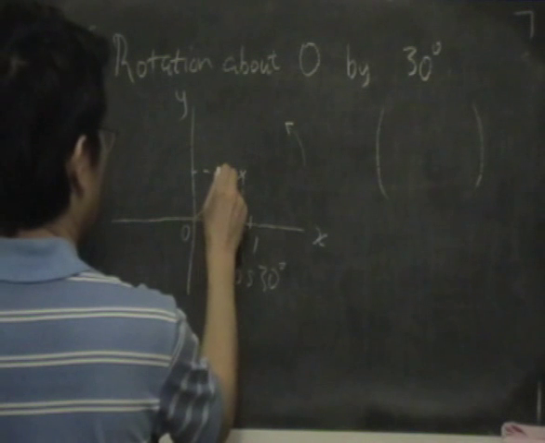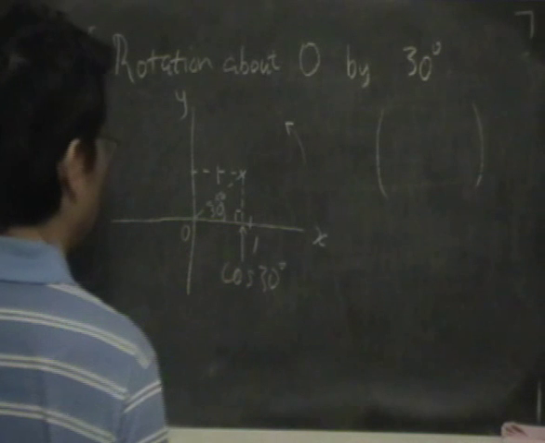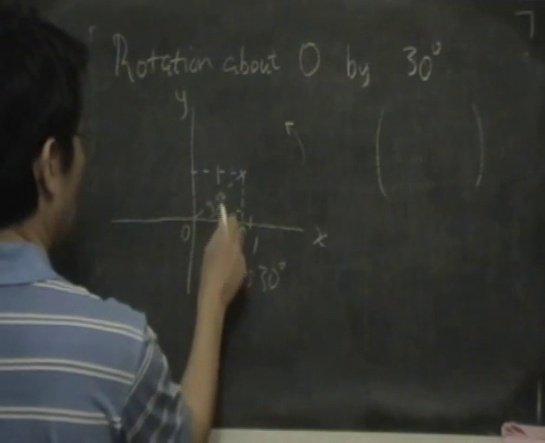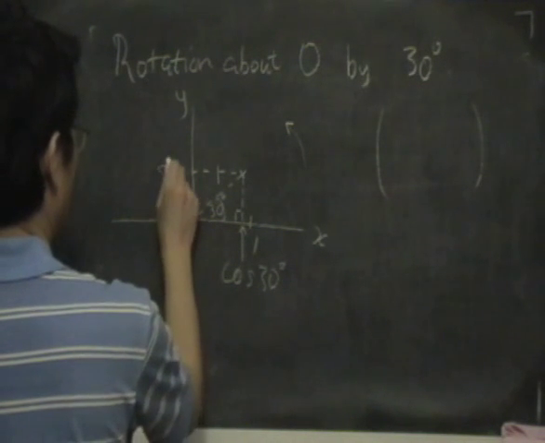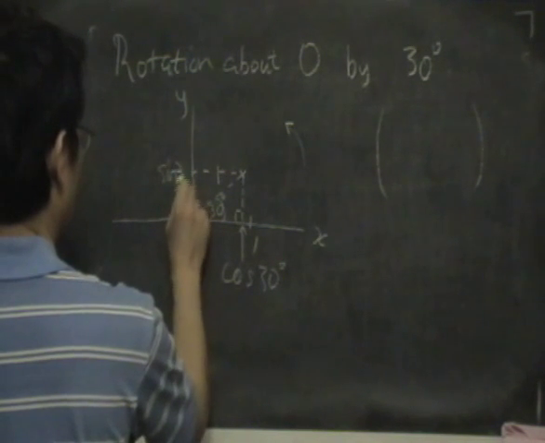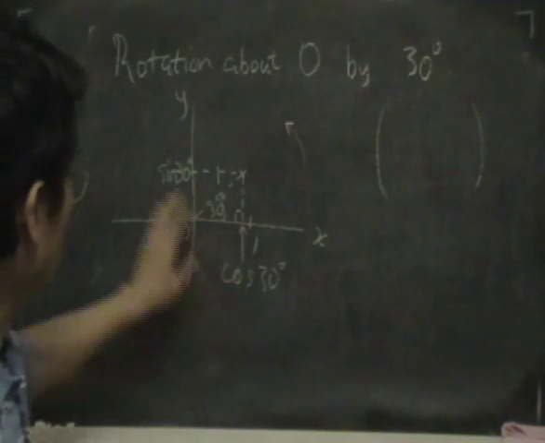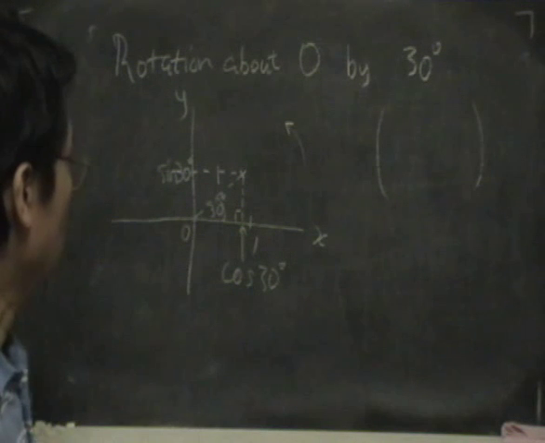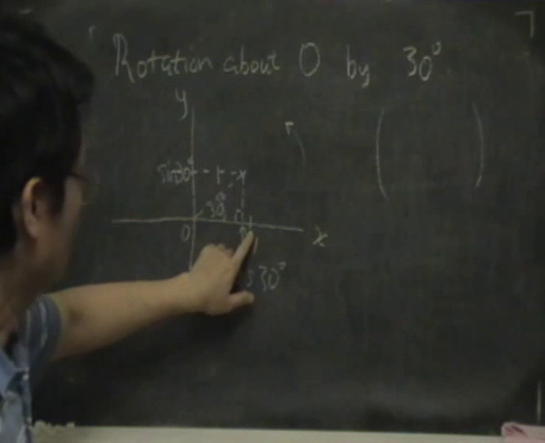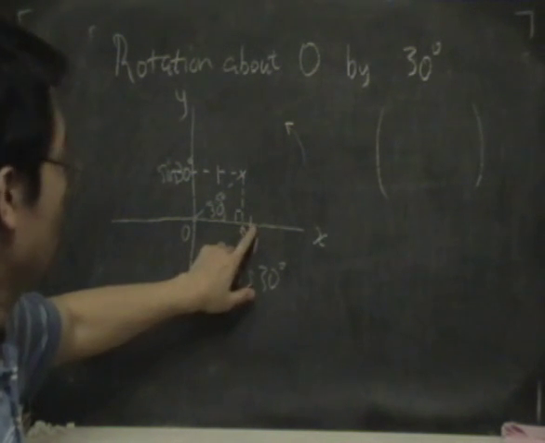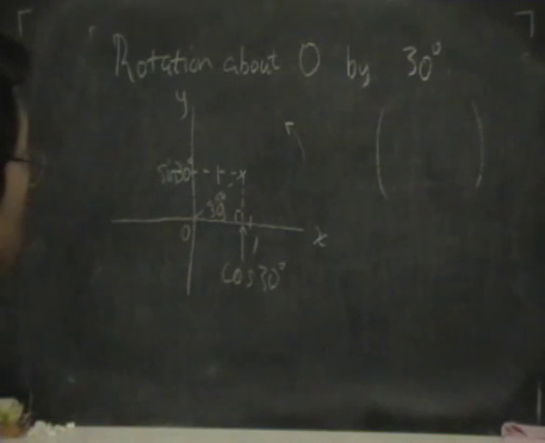And the y value must be this side of the triangle, which is sine 30 degrees. So those are the coordinates of the image of this point 1 on the x-axis when it is rotated by 30 degrees about the origin.